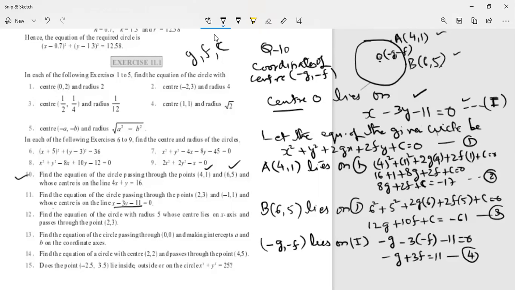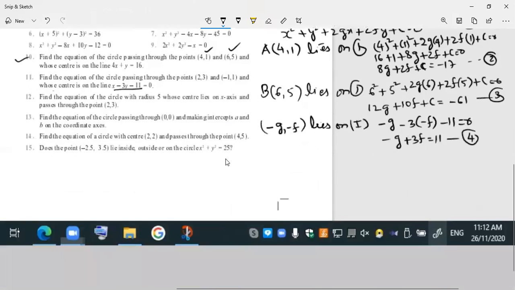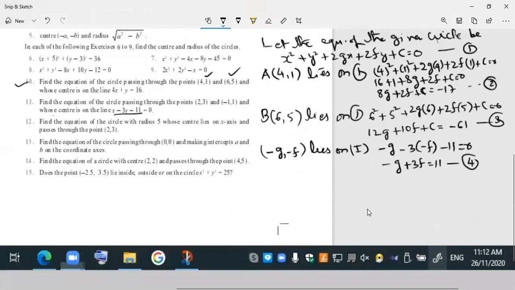Now we have the second, third and fourth equations. We will solve these 3 equations to get the values of g, f and c. How to solve them? You can see that c always appears, so you can subtract. When you subtract the second from the third, you will get an equation in g and f, which can be solved with equation number 4.